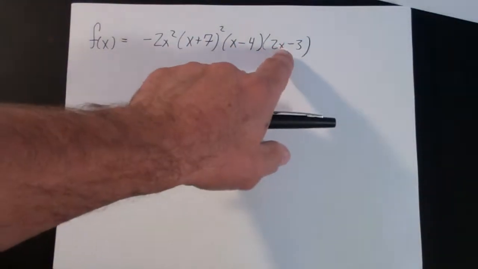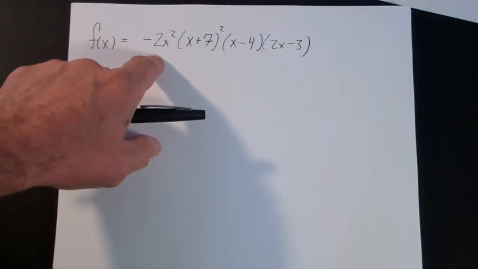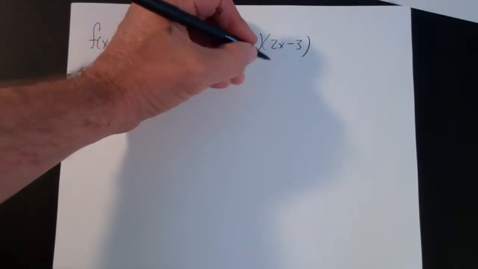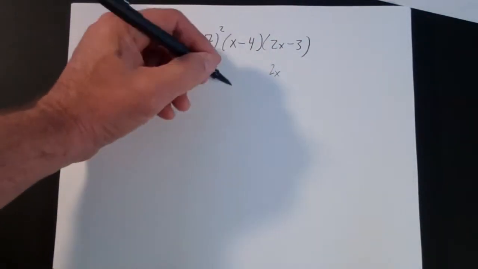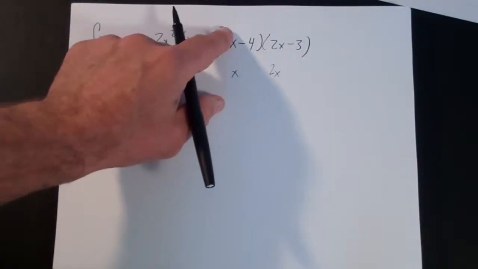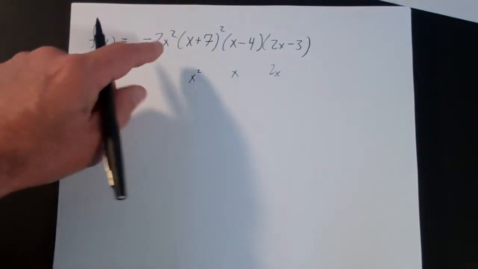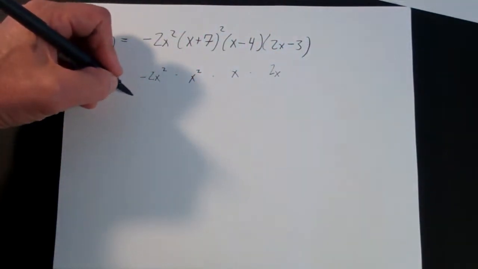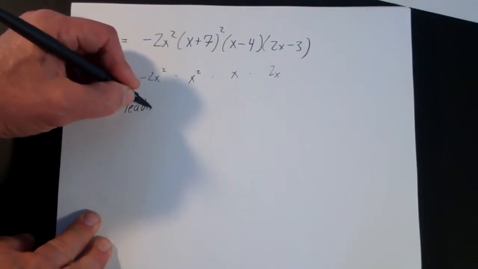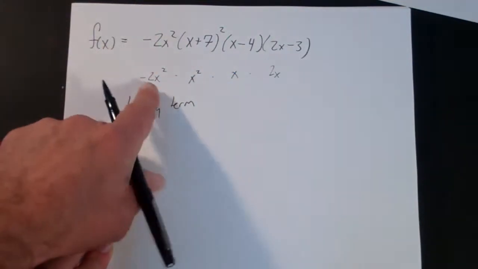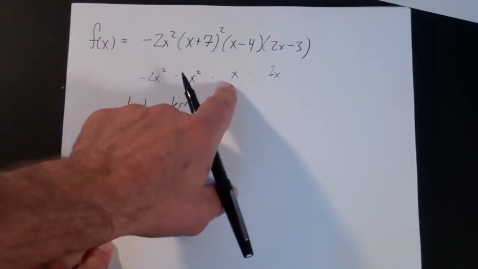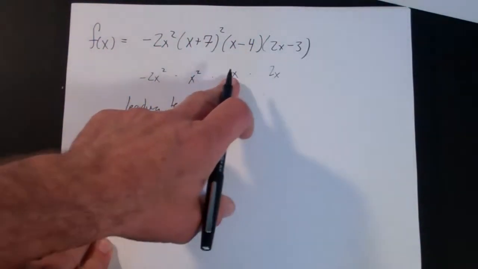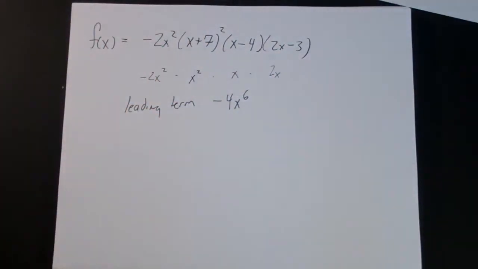If you look at each individual factor and figure out what the highest power is, then that will give the leading term. So here we have 2x. Here the highest power is x. Here it's x, but it's a squared factor, so that's x squared. And minus 2x squared. If you multiply all those together, you'll get the leading term. You won't get the whole polynomial, but you will get the leading term. And here the leading term is simply negative 2x^2 times x^2 times x times 2x, which will be minus 4x^6.